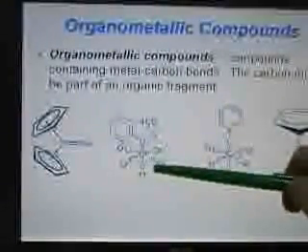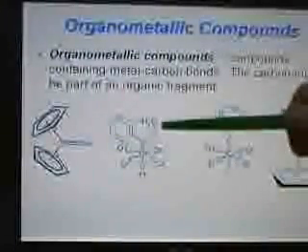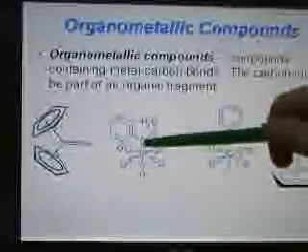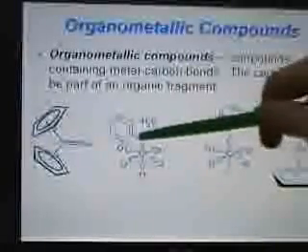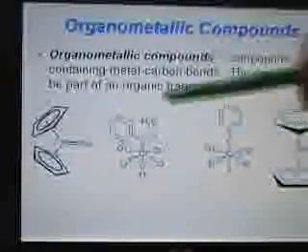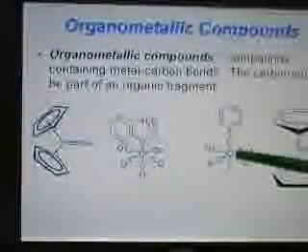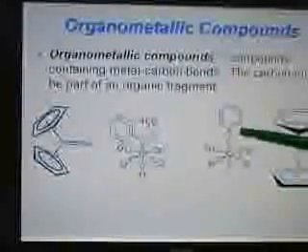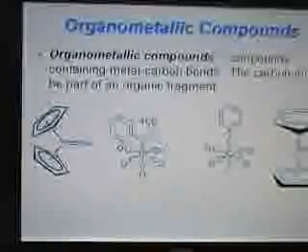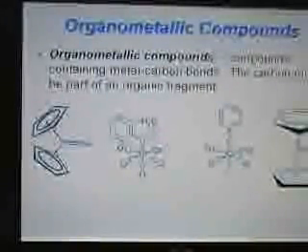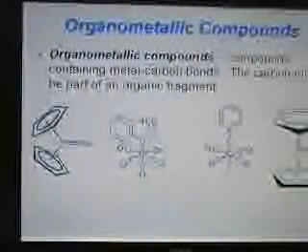Now it's bonded to a lot of carbon monoxide ligands, but the most important thing to note is that it's also bonded to this carbon-containing ligand that is part of an organic fragment. The same goes for the third example. Chromium has formed a triple bond with carbon bonded to a benzene ring. And as seen in the first example with titanium, iron is coordinated to two cyclopentadienyl rings.